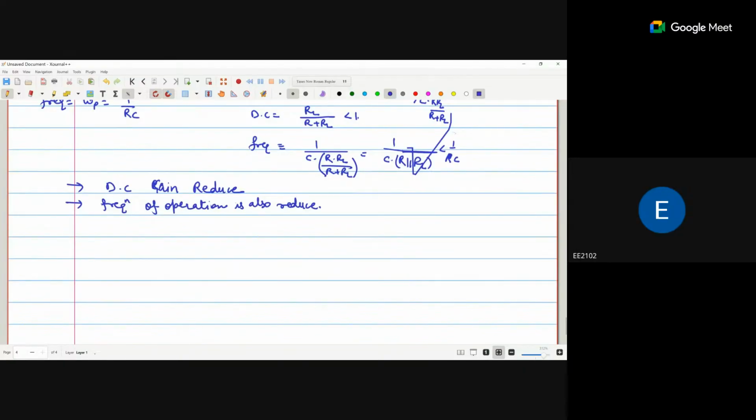The same filter that we are using, if the resistance changes, the frequency of operation will change. One filter will pass a 1 megahertz frequency. The same filter with another device will pass 2 megahertz. Why? Because omega p will change. The same filter without changing the R and C values will pass 3 megahertz. So every time the frequency of operation varies, because your load resistance varies.